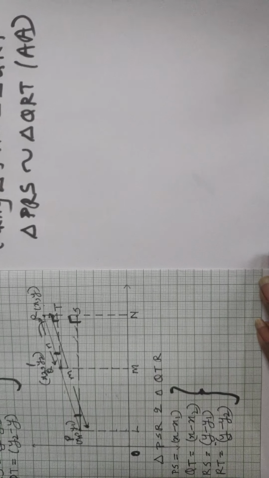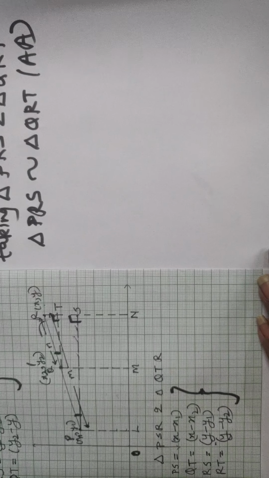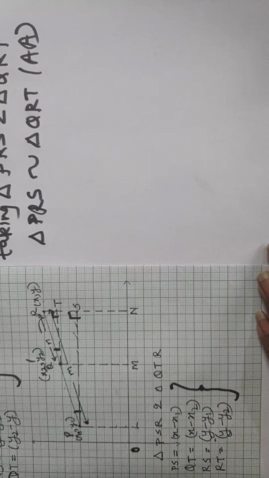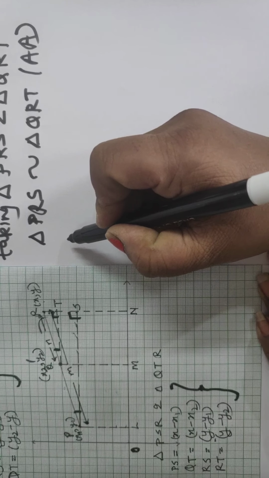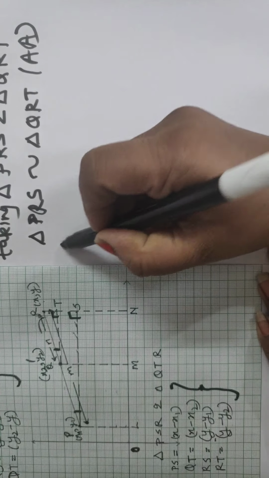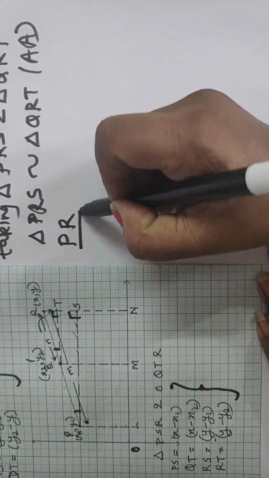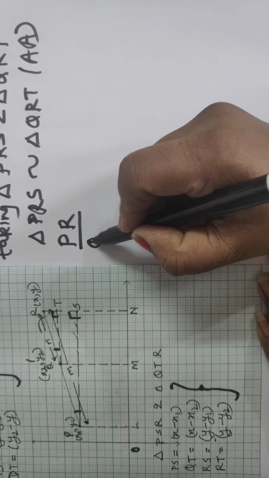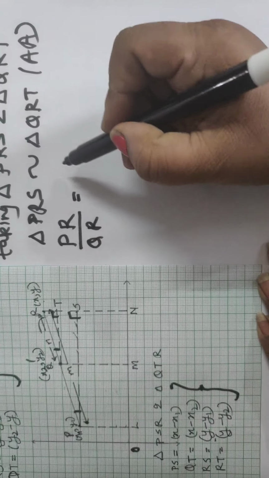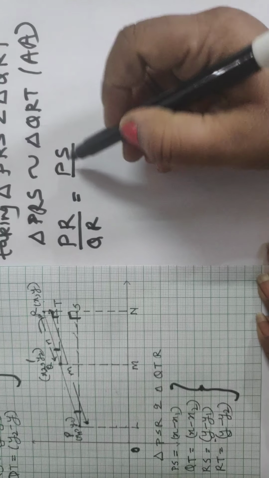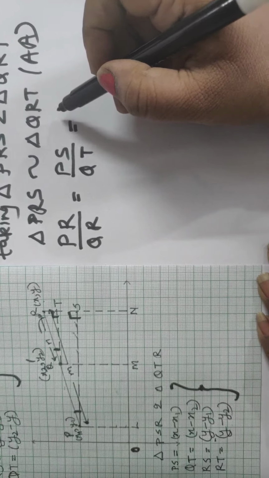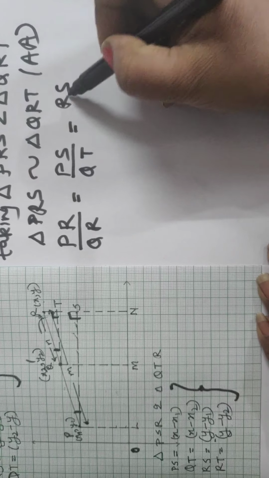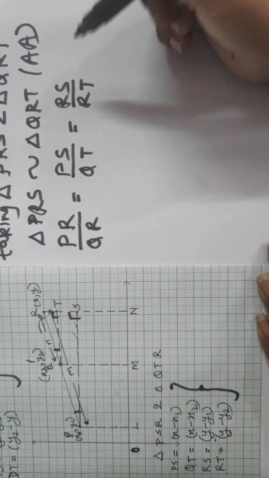Now, since these two triangles are similar, their sides must be proportional to each other. So we can say that PR upon QR is equal to PS upon QT is equal to RS upon RT.